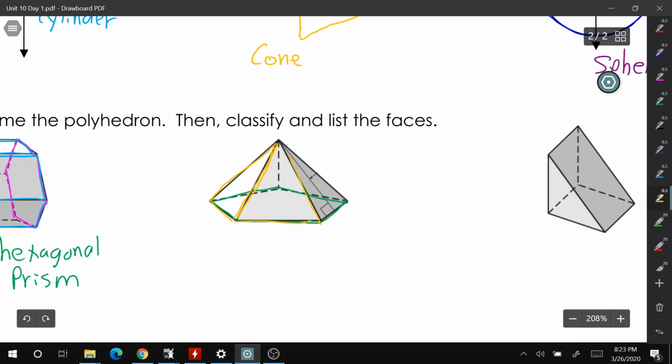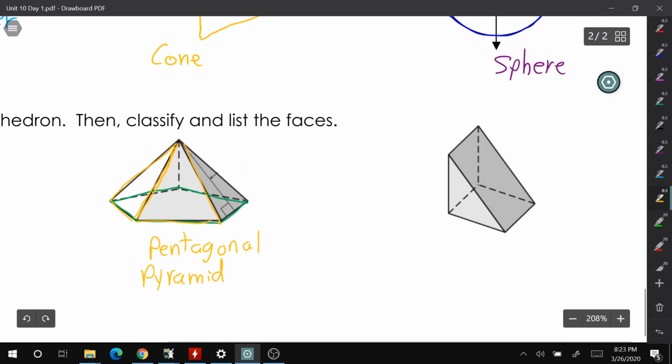So that means that this is a pentagonal pyramid. And then the last one, your bases are these triangles over here on the sides, and your faces are these rectangles. So this is a triangular prism.